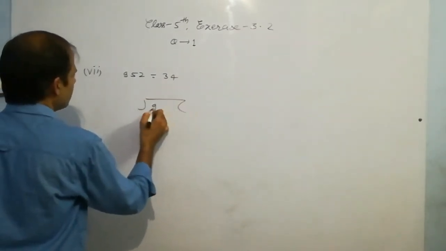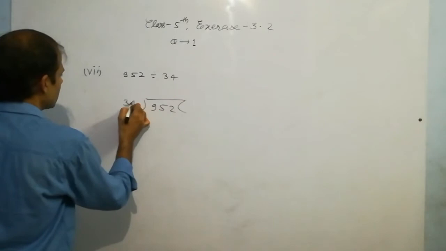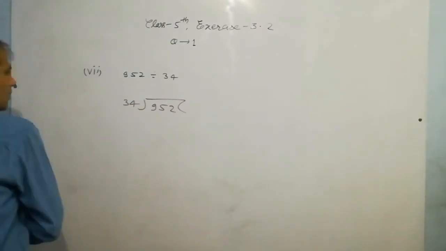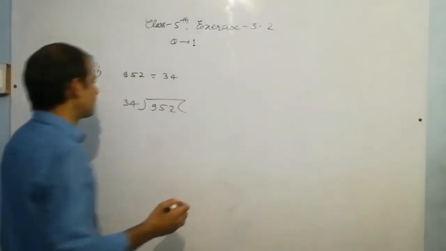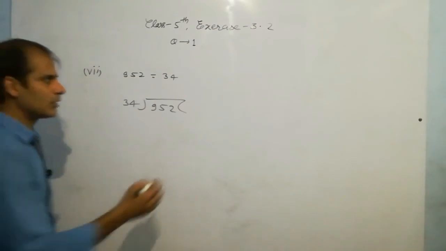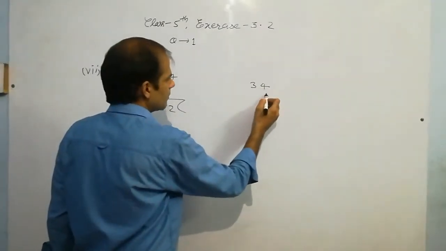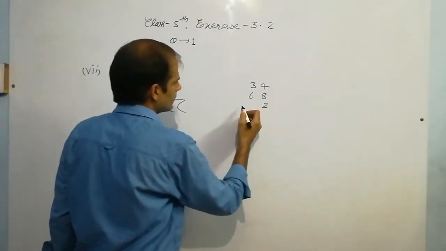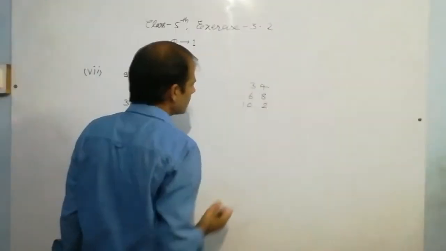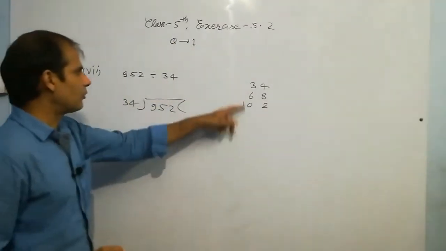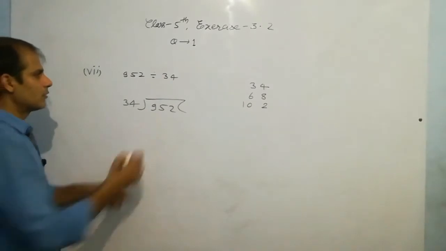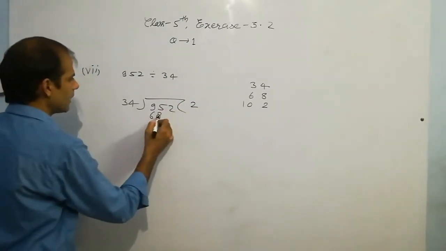So we write 952 as dividend, 34 as the divisor. Now consider the table. 34 2 ja 68. See, it is the table. As you can see, 34 3 ja 102, it is bigger. So we consider 34 2 ja 68.